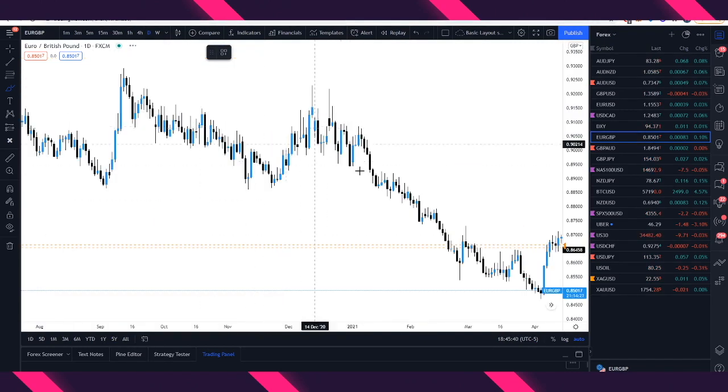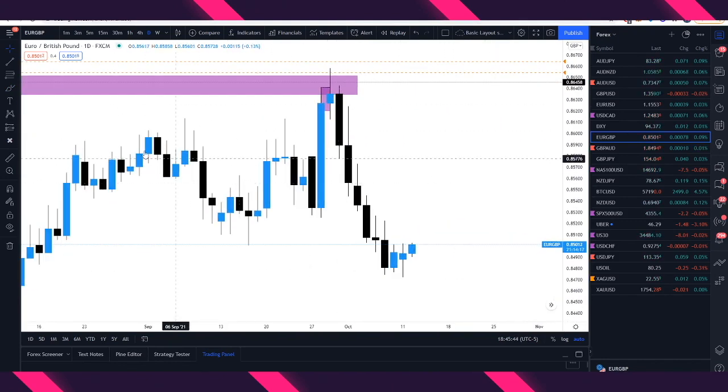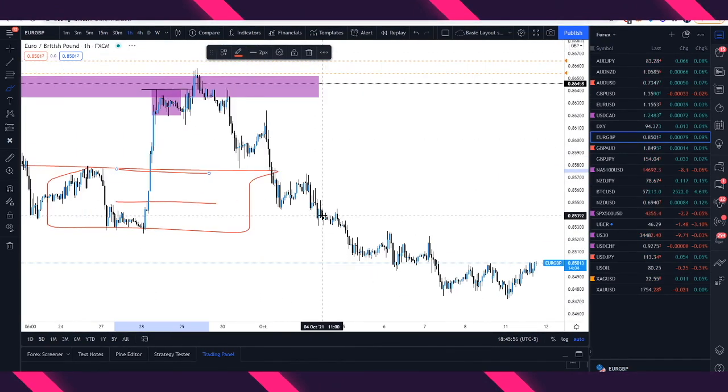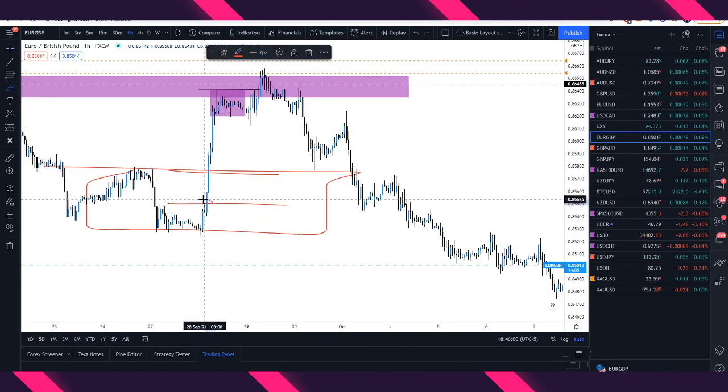In the audio, you hear me say that I'm looking for price to sell off back into this candle. That entire candle, more towards filling the imbalances in here. And so really where my TP was right here.